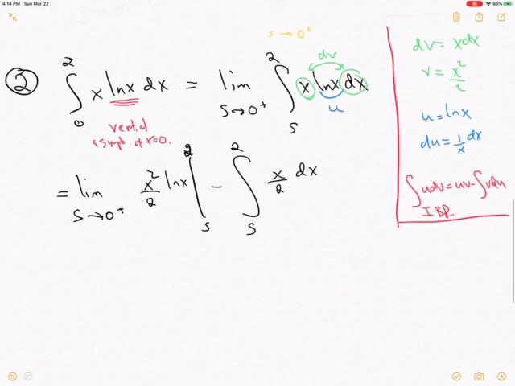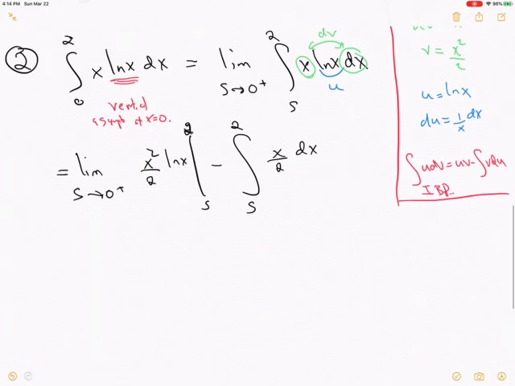We can calculate this integral just using the power rule, it's not a big deal. The integral of x over 2 becomes x squared over 4.